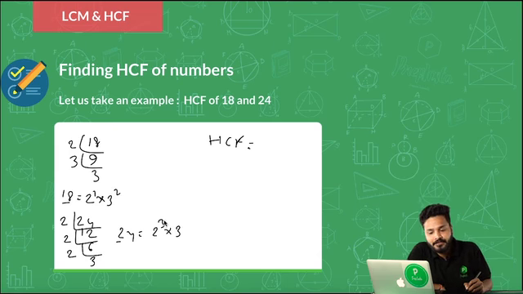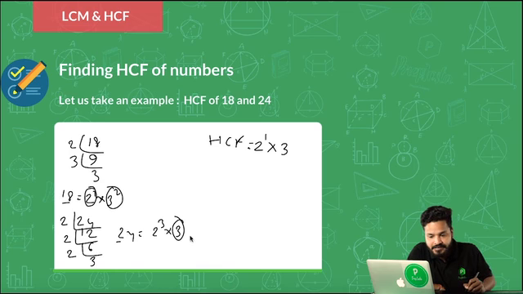Unlike in the case of LCM, where we would have taken 2 raised to the power 3, here we have to take the least number of times it is appearing. So I take 2 raised to the power 1. Similarly in the case of 3. 3 is appearing 2 times here, but it is appearing 1 time here. So I'll take just 3, the least number of times it is appearing. Unlike in LCM, I would have taken this. So my HCF becomes 6.